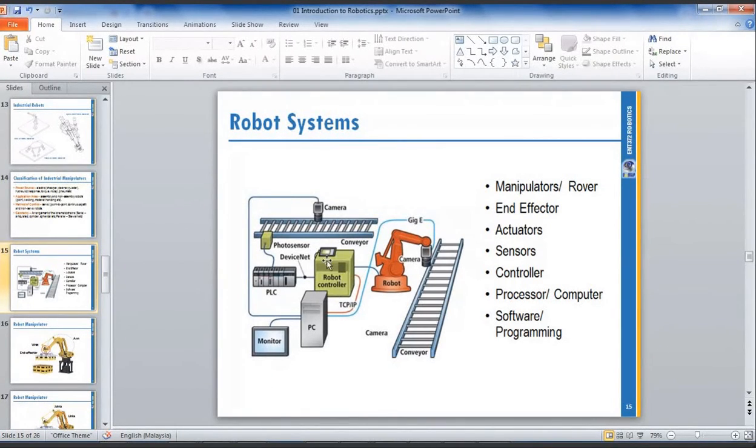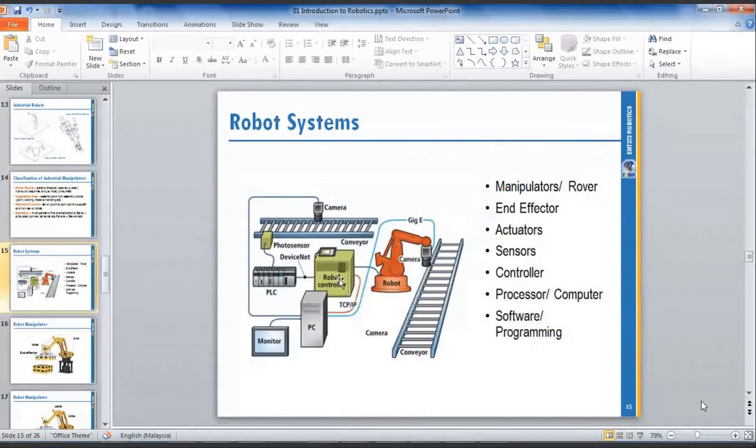So this robot controller is actually to control the robot motion. The instruction will be given by the PC. The PC will send the instruction to the robot controller to control the robot motion.